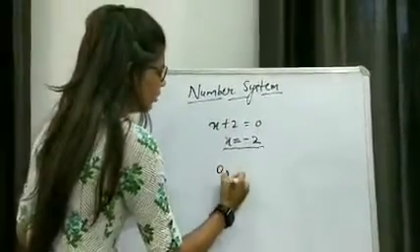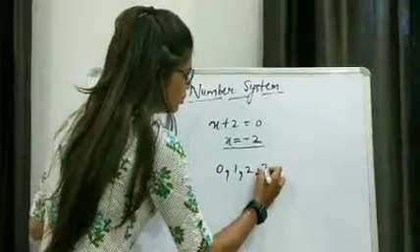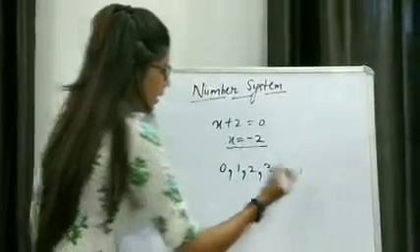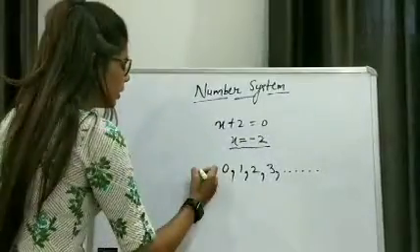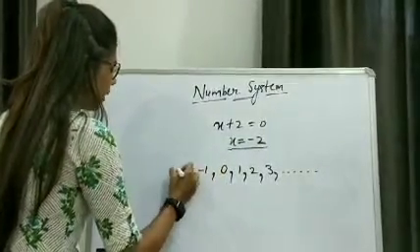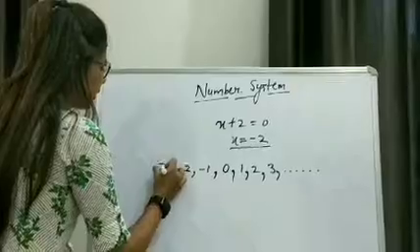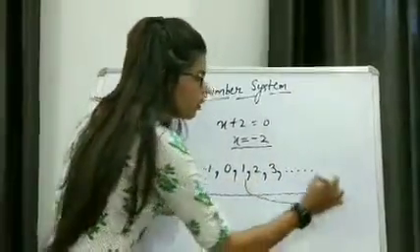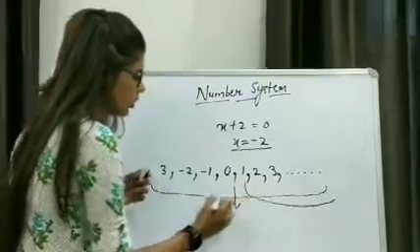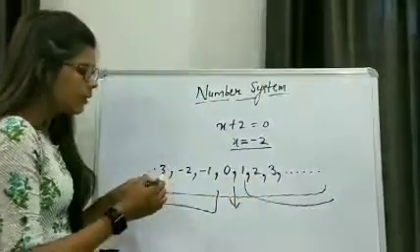Like we have 0, 1, 2, 3, and we have introduced new numbers called negative integers: -1, -2, -3. These are called integers. These are called positive integers. This is the 0 integer and these are negative integers.